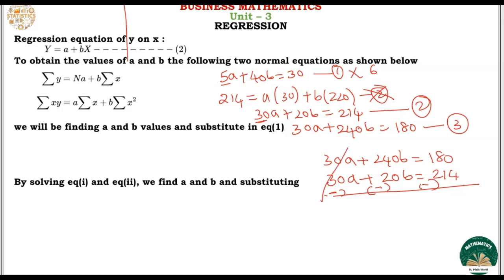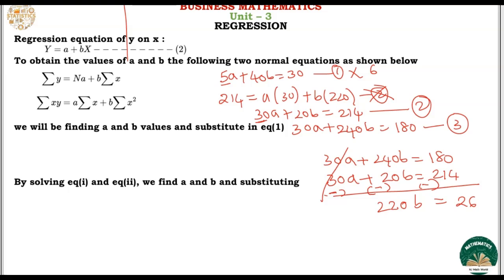We get 0, and 240 minus 20, then that will be 180 minus 214. 180 minus 214 is minus 26, so it is 220b.